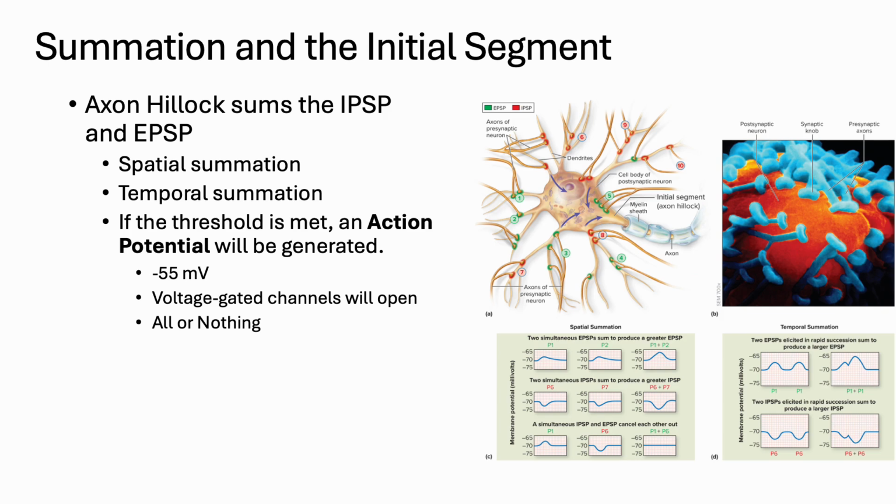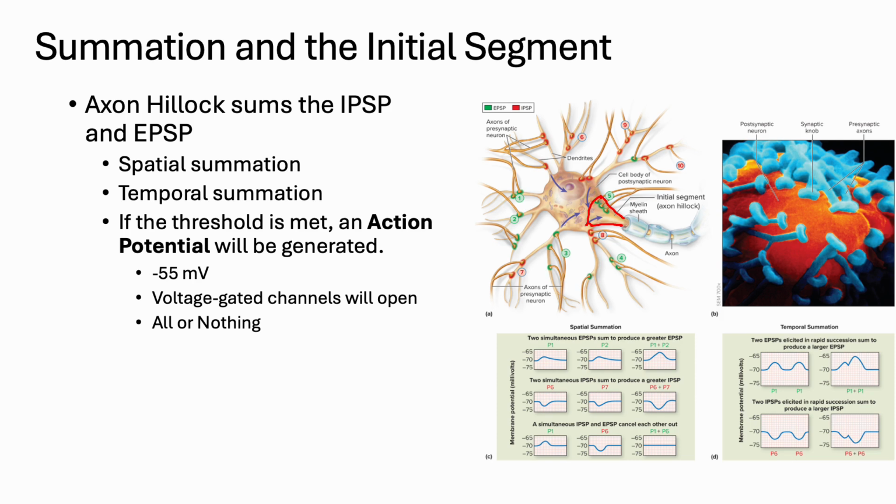Okay, now what happens in this initial segment? And so let me get my pen here. The initial segment is the axon hillock. So that's that little triangular shaped portion coming out of the cell body that leads to the axon. This is where the summation of all of these different EPSPs and IPSPs will occur.